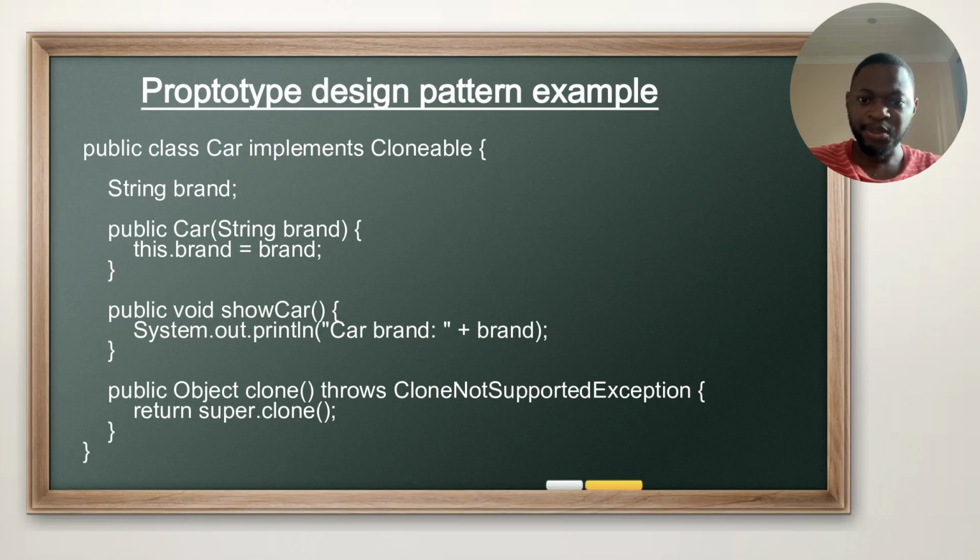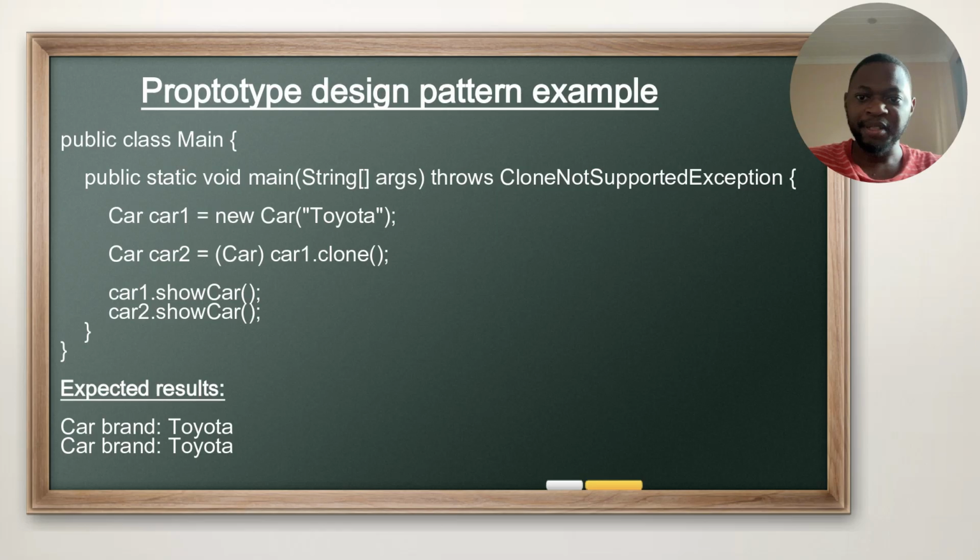Below we have our showCar method that prints out the car brand, and lastly our clone method that's responsible for cloning the car object for us.